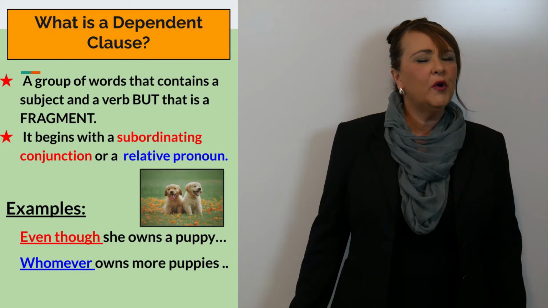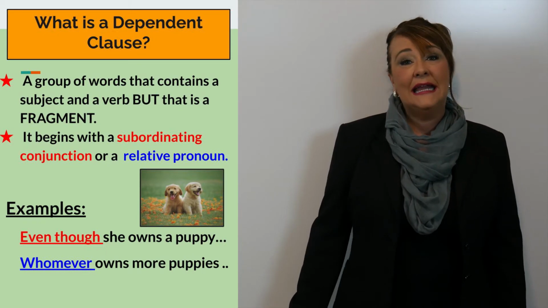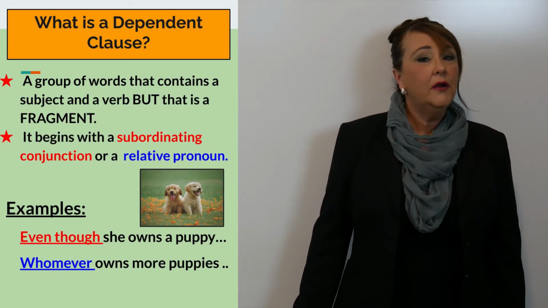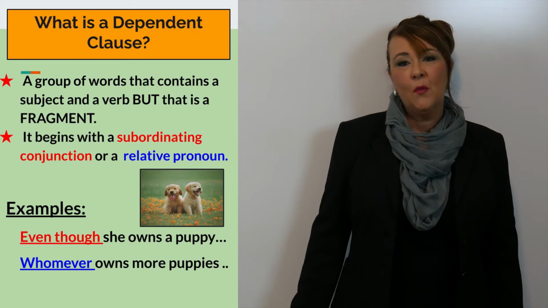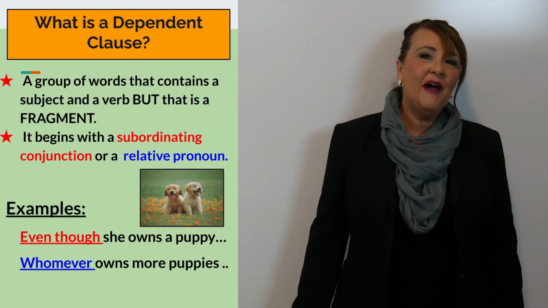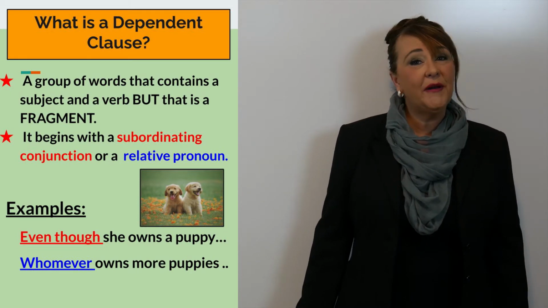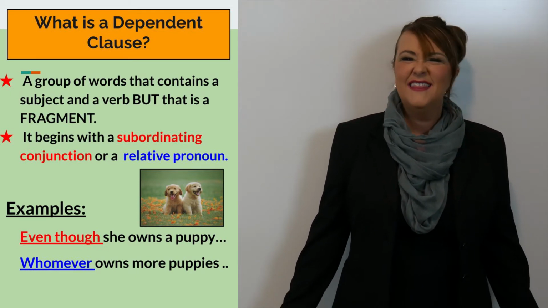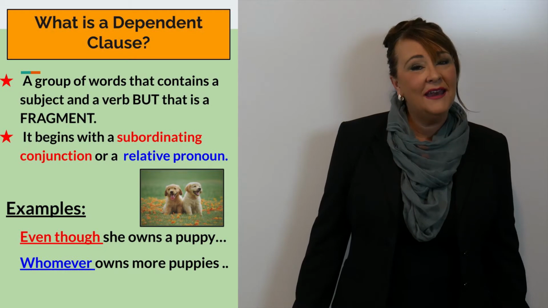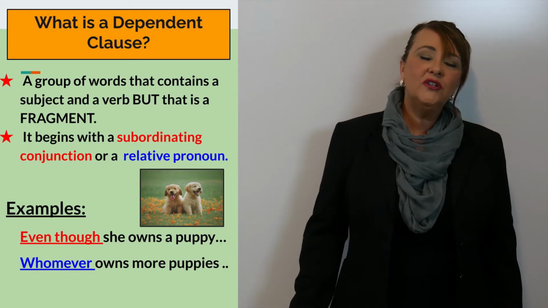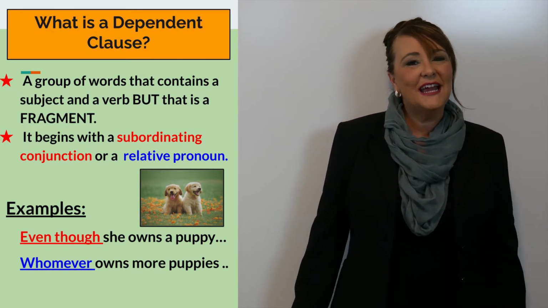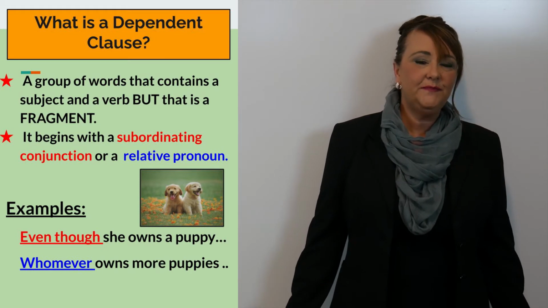An example we're going to spend more time on later is the next one. Whomever owns more puppies. Whomever is a relative pronoun. When I put a relative pronoun in front of that, then again I have a dependent clause. We'll talk more about those types of pronouns later.